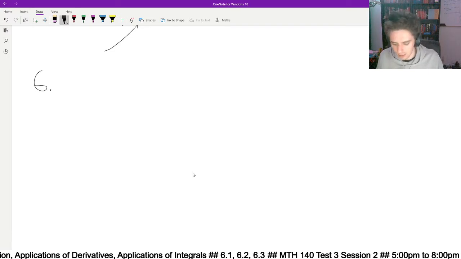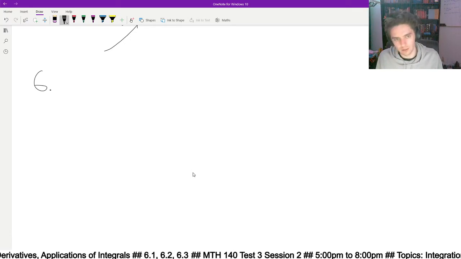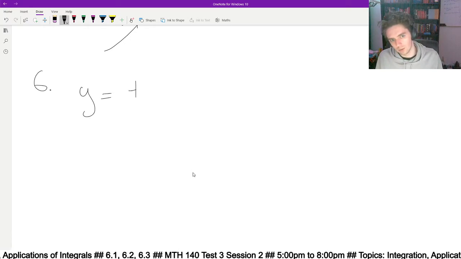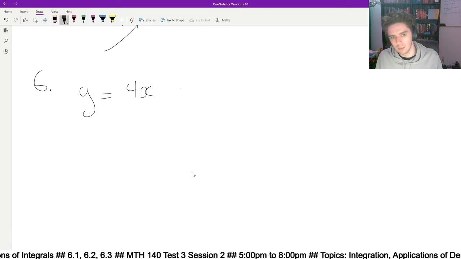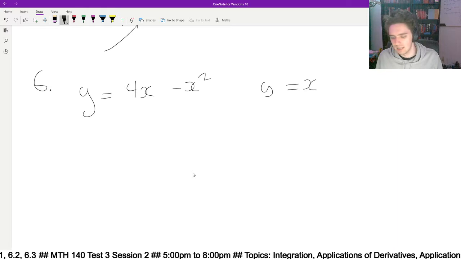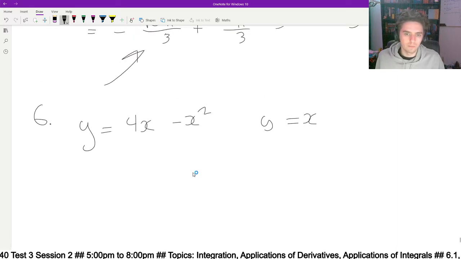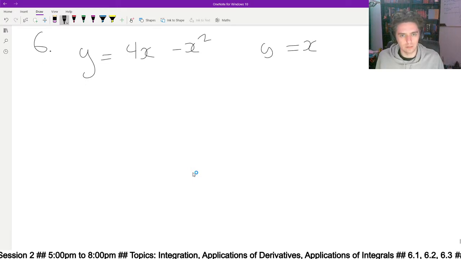Number 6 is next. So find the area of the region bounded by the curves y equals 4x minus x squared, y equals x, and the positive x-axis. So this is just a 6.1 question, right?